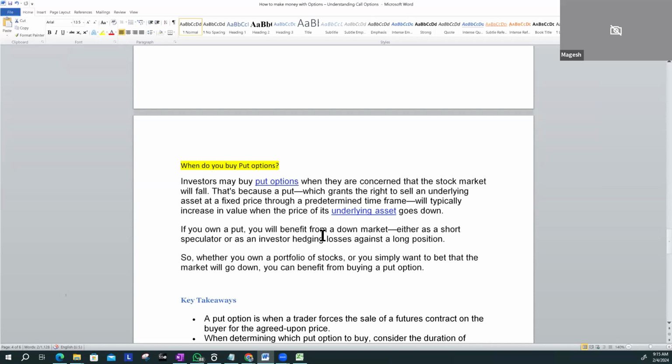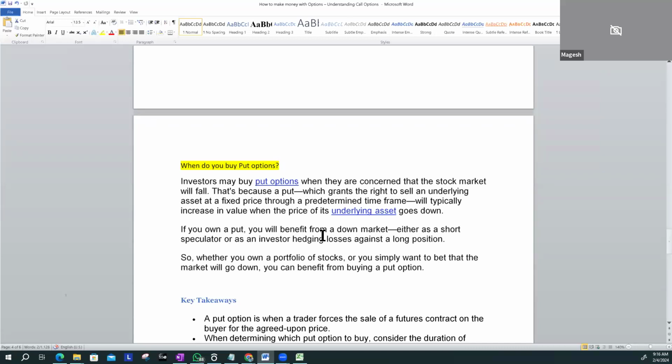So you can do it in two situations. Either you want to hedge your losses against a long position, or you feel the market has gone up too much and you want to short the market. Instead of shorting a stock, which is very, very risky, you can use an option because you know what your maximum loss is.